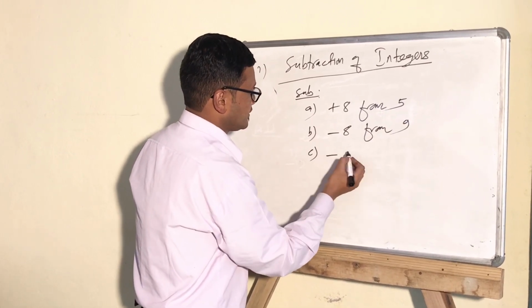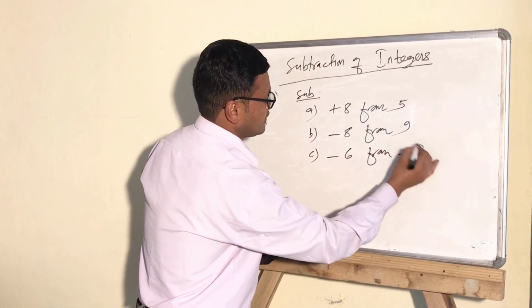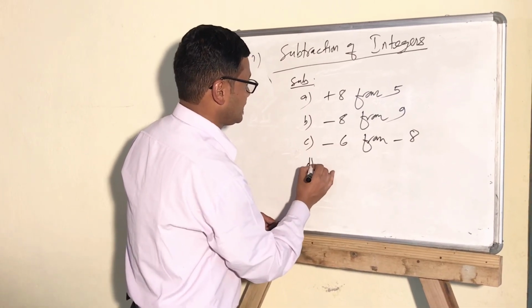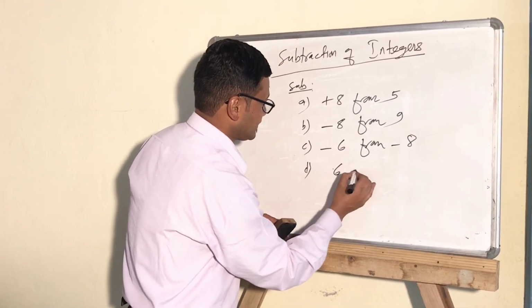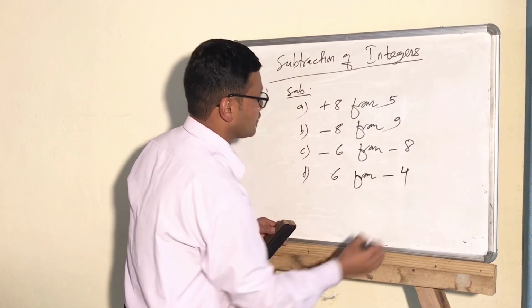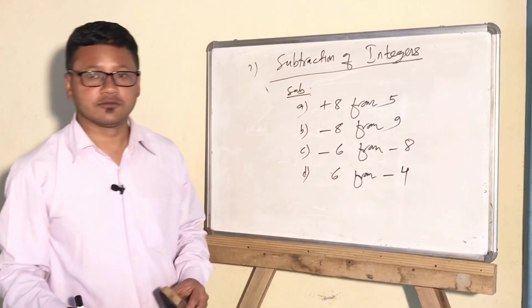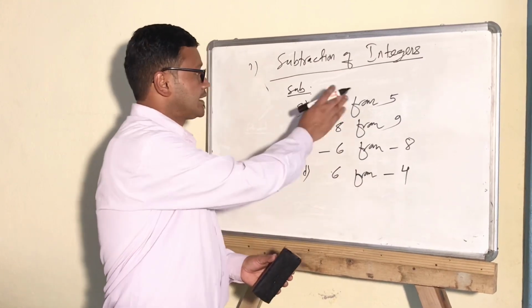C, subtract minus 6 from minus 8. Then D, subtract 6 from minus 4. Again, we must consider the sign while subtracting the integers.